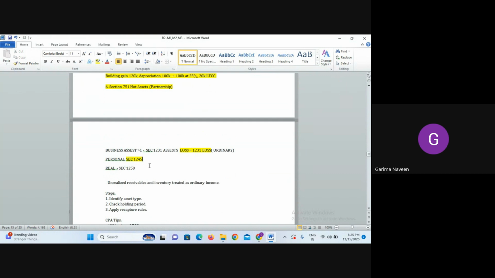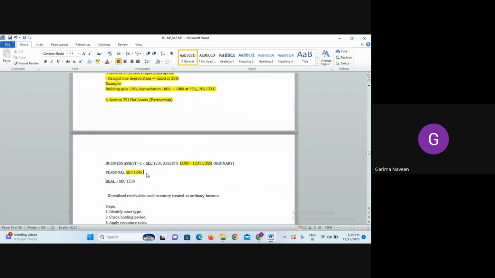If it is a personal asset, then up to the amount of your depreciation recapture, this gain is classified as your ordinary gain, and the remaining gain, the excess over depreciation, will be classified as your section 1231 gain.